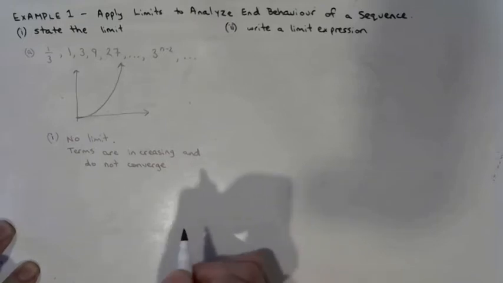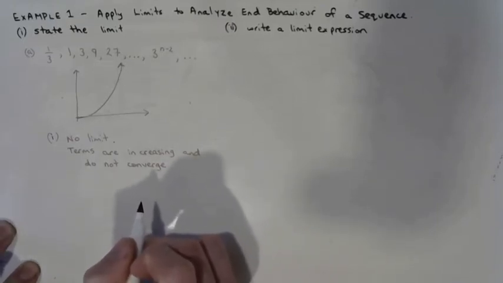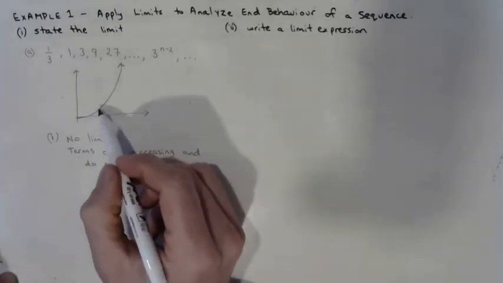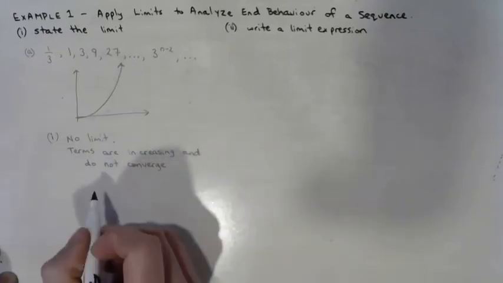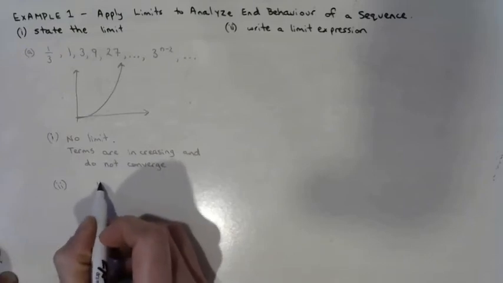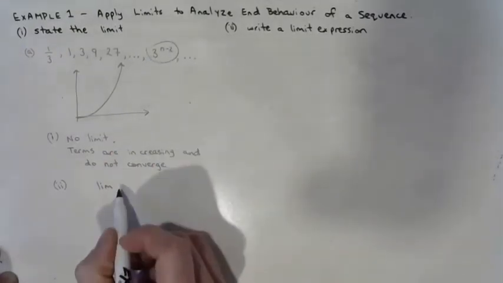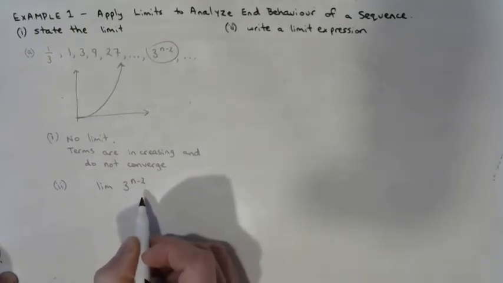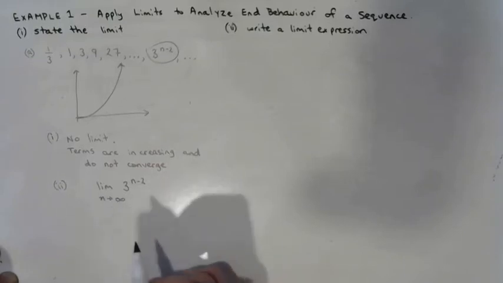Okay? Now, to write a limit expression to represent the end behavior, which we know is going forever and ever, for number 2, we are looking at the limit of our function, 3 to the power of n minus 2, as n approaches infinity. Right?